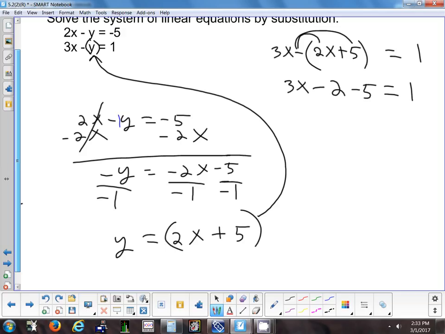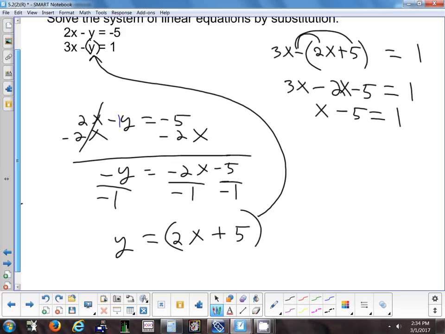Maggie, what would I do at this step? Yeah, combine our like terms. Can you tell me on my left-hand side, what are my like terms here? Yep, 3x and 2x. And if we subtract, what's 3 take away 2? 1. So we're left with just an x.